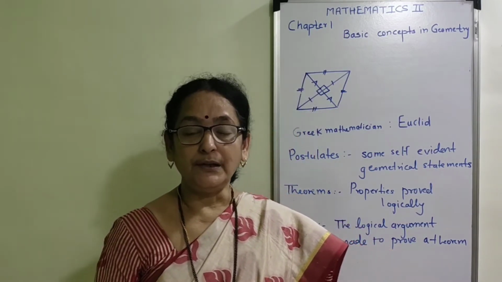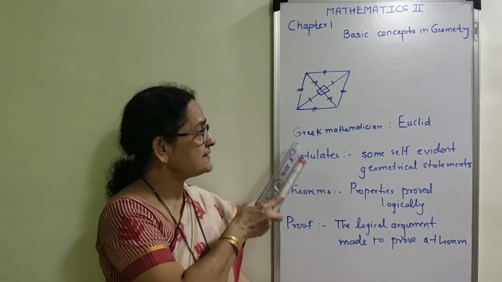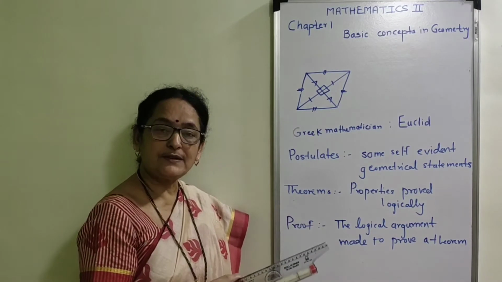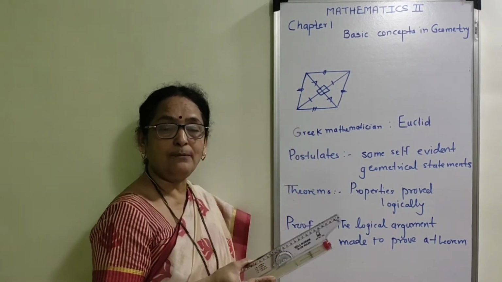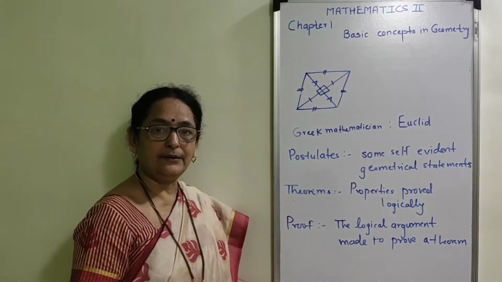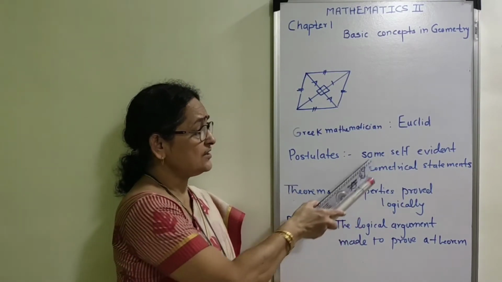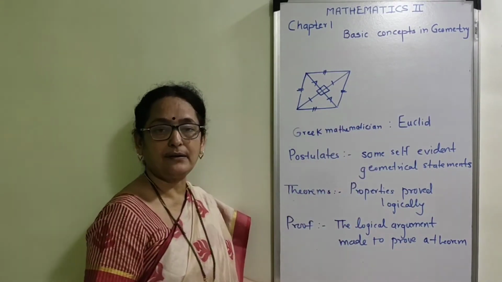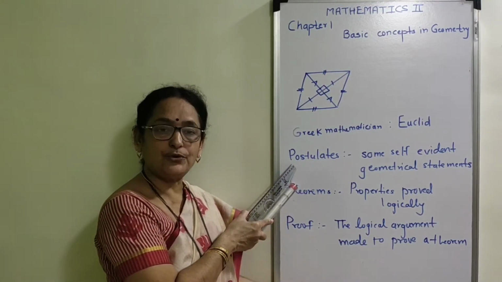Now here we are going to learn the next part. Here in 9th standard we are going to study the geometry which was formed by Greek mathematician Euclid. And here, what he has done is that he chose some self-evident geometrical statements and called those statements postulates.